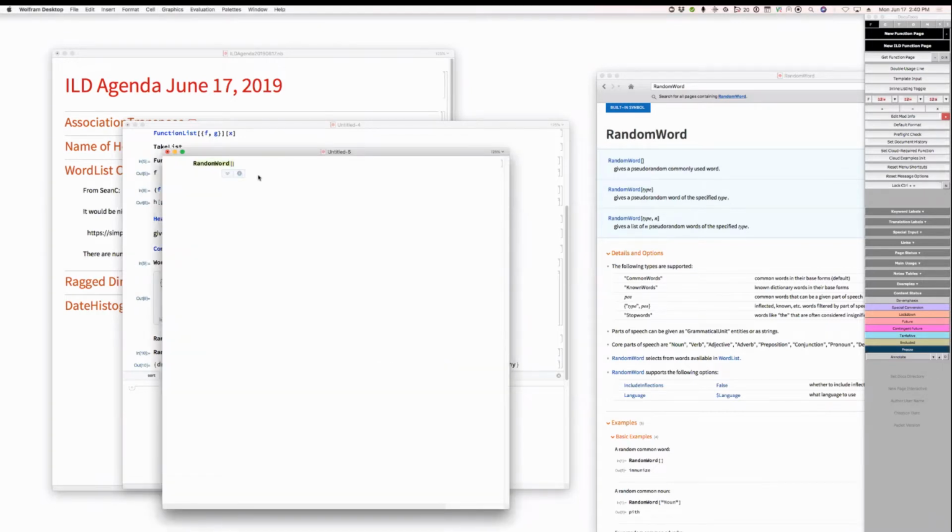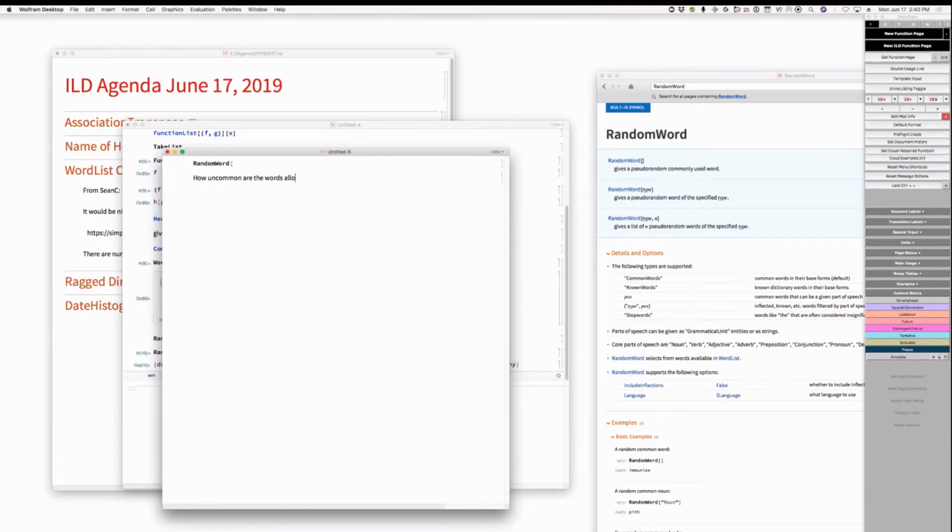Okay. So the questions are: how uncommon are the words allowed to be? That's case one. And case two is, are the words weighted by their frequencies in the language?